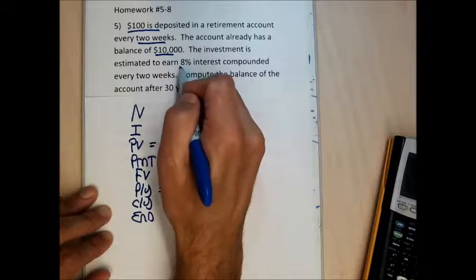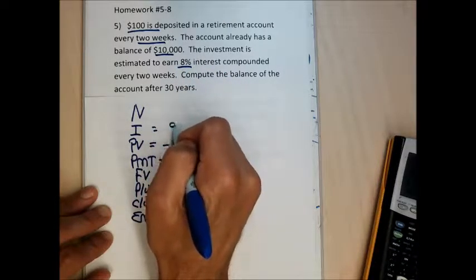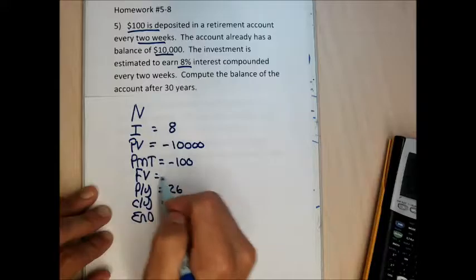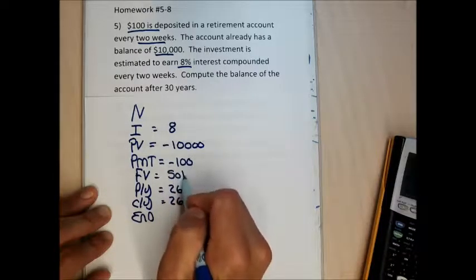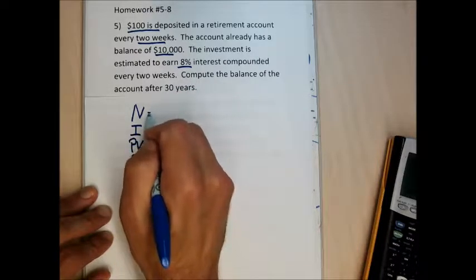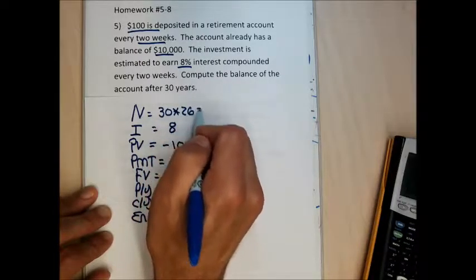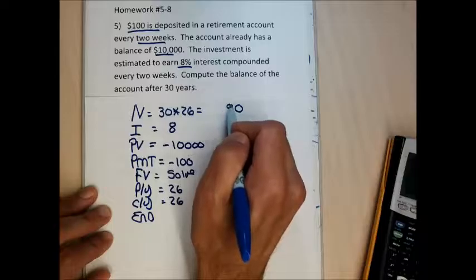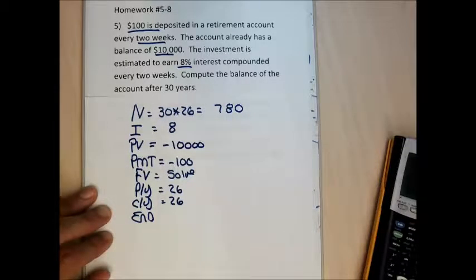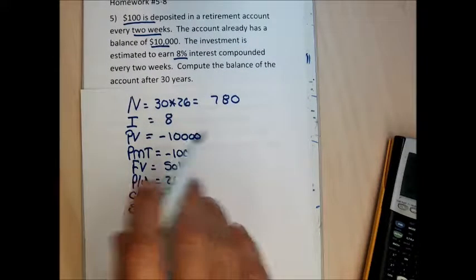The investment's going to earn 8% interest. That's an I. I'm going to solve for the future value. For the N, I put the number of years, 30, times the number of payments per year, which is 26. I think that comes out to 780. Let me enter these and see where I go here.